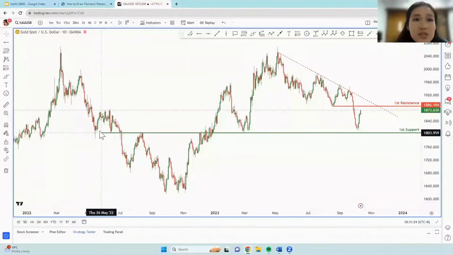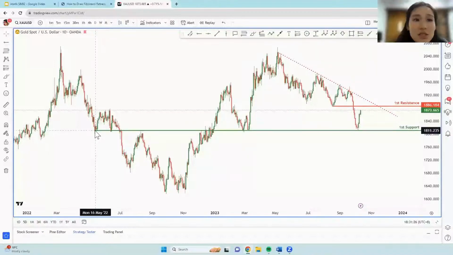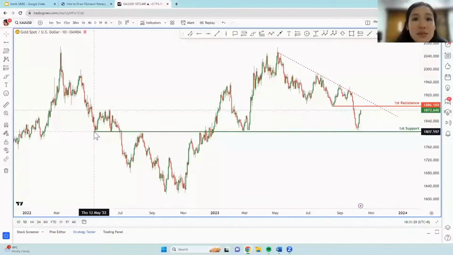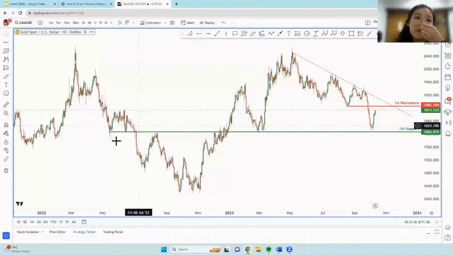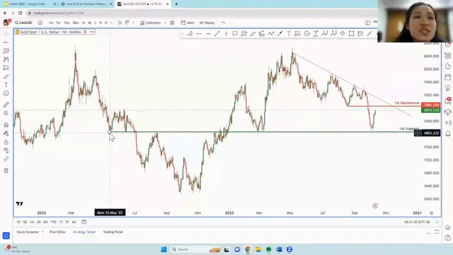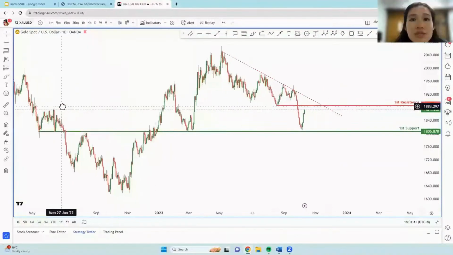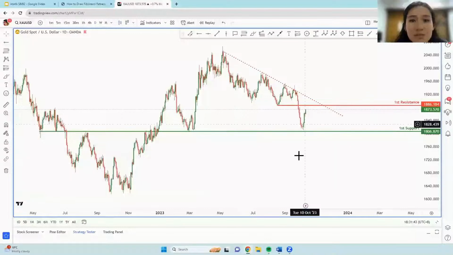The reason for this is because it's easier to see how many times price has reacted off the level, so you know how significant that level is. And you can see that this level is pretty significant with price reversing off of it a couple of times.